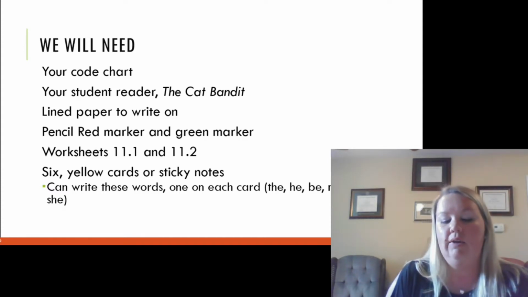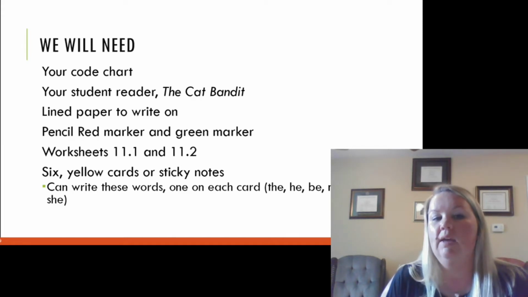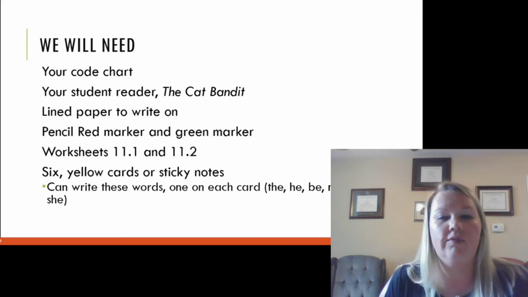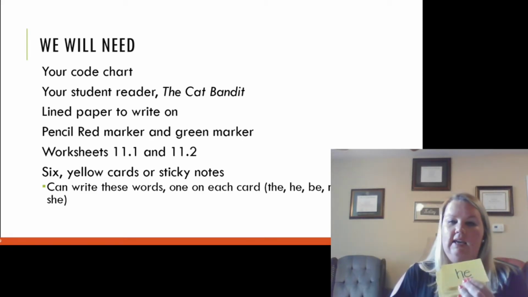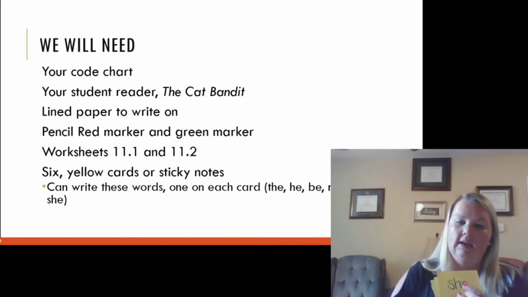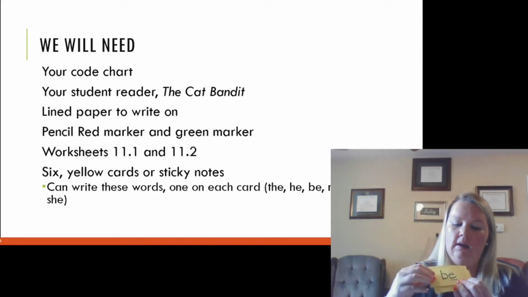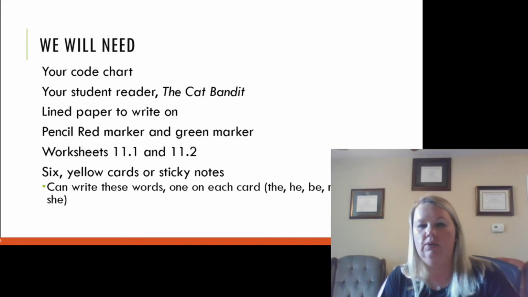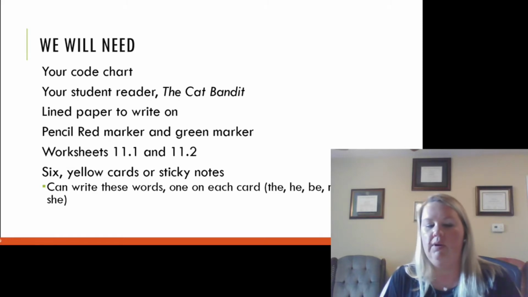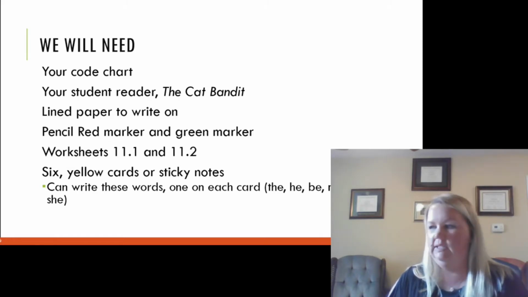Okay, now if you want to go ahead at this point and write the words on each card that need to be on the card, feel free to do that. I have them listed and mine look like this: the, he, she, we, be, and me. Okay, so feel free to write on them if you are ready to do that and you don't want to have to stop the lesson later on.